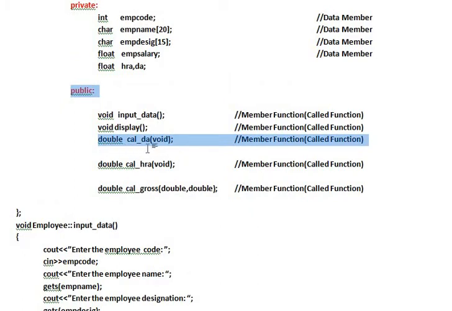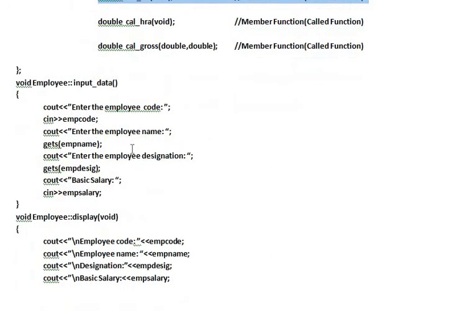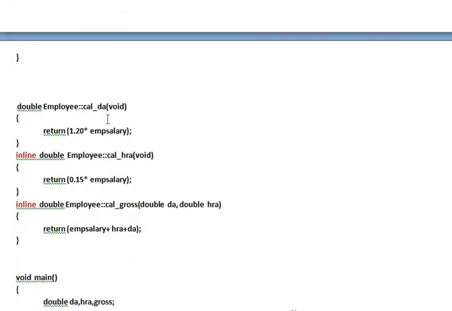But if you see here, the function body of this member function cal_da is not shown here. Instead, its function body is shown outside of the class. So again, from this portion of the program, the control is again going to move to this portion of the program.